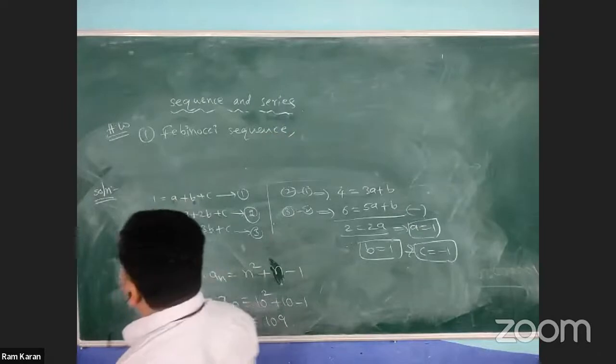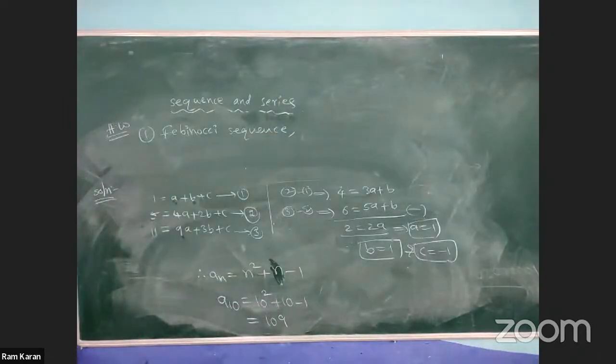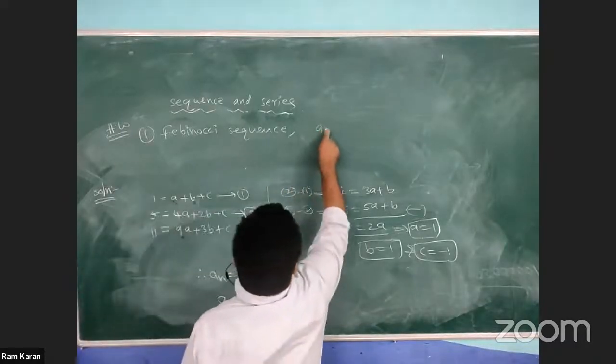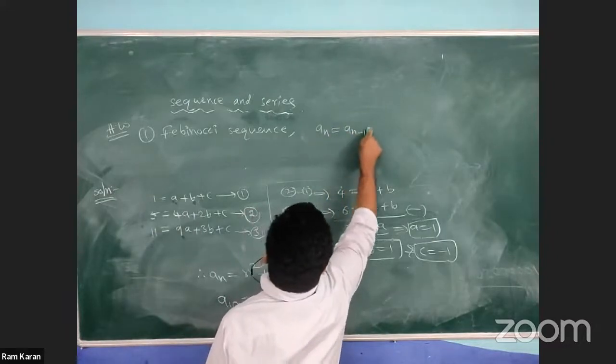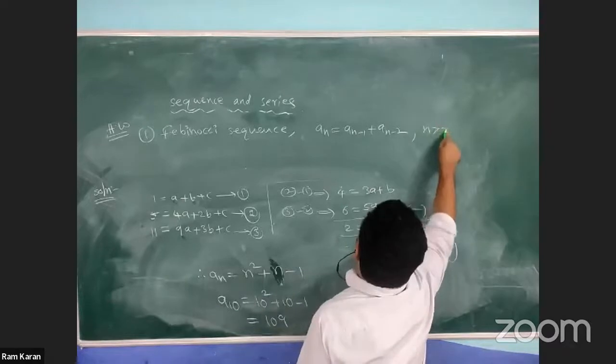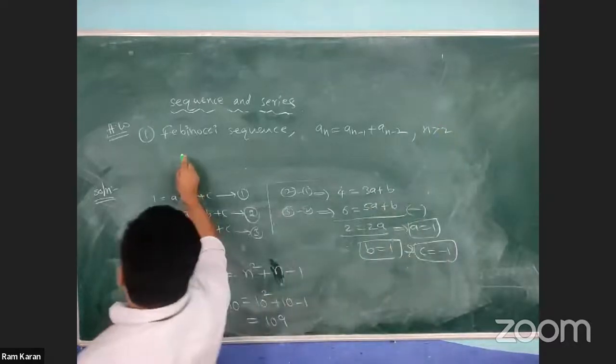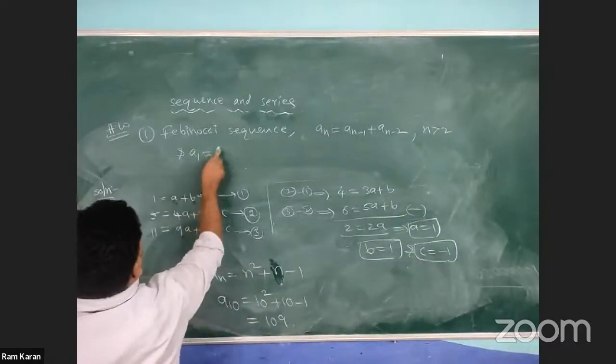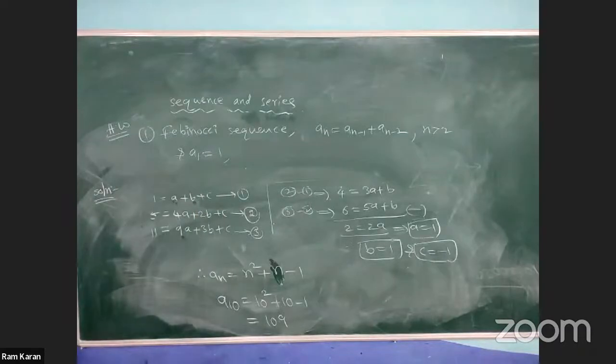The Fibonacci sequence is given that an is equal to an minus 1 plus an minus 2, for n greater than 2, and a1 is equal to 1, a2 is also equal to 1.